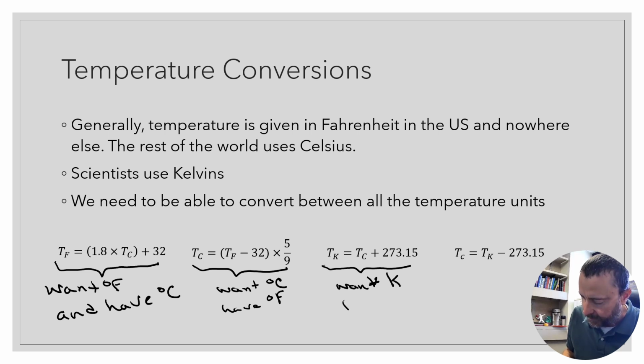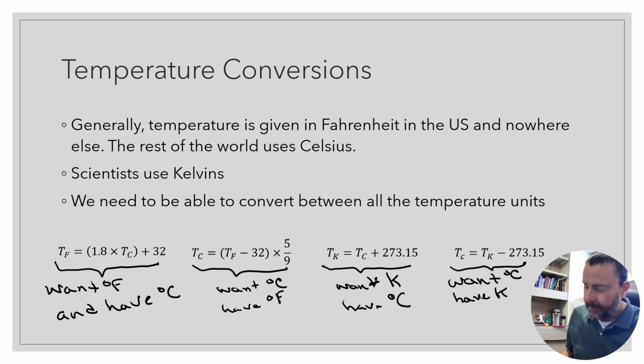If you want Kelvin and have Celsius, we're going to use this. If you want Celsius and you have Kelvin, you're going to use that one. So pretty straightforward, hopefully. We're not doing big conversions, we're just plugging and chugging as these things go.